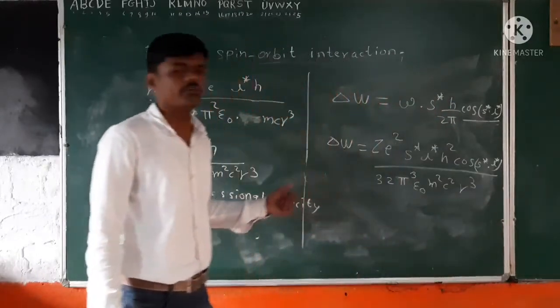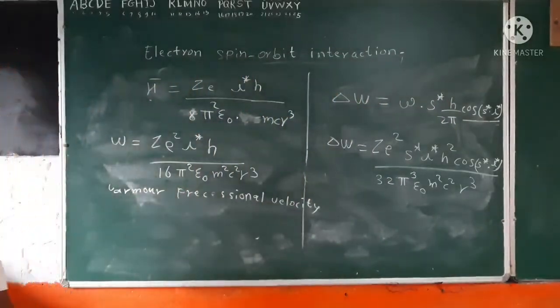So that will be the interaction energy of the spin orbit interaction.